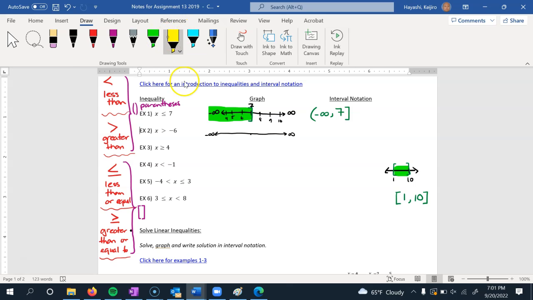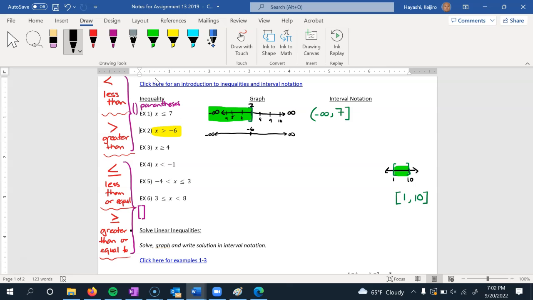In this inequality, x is greater than negative 6, your number of interest is negative 6. Now, as with all number lines, the numbers that are greater are going to be on the right, and the numbers that are less are going to be on the left. What is x compared to negative 6?